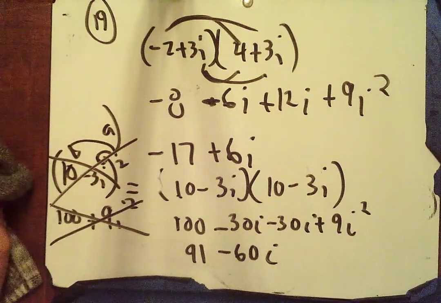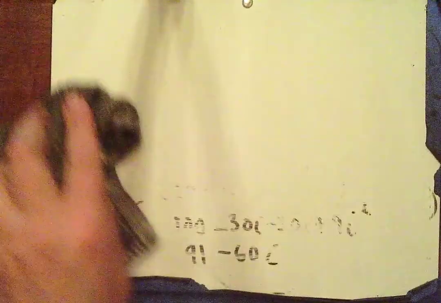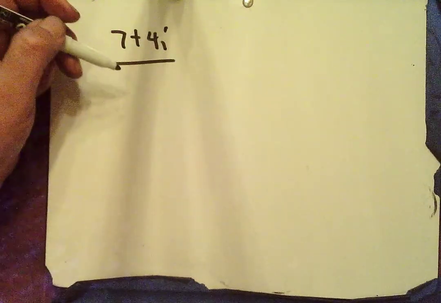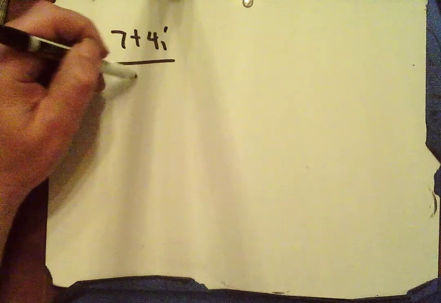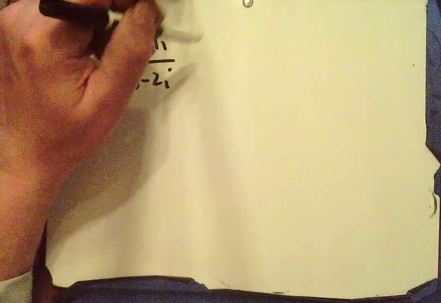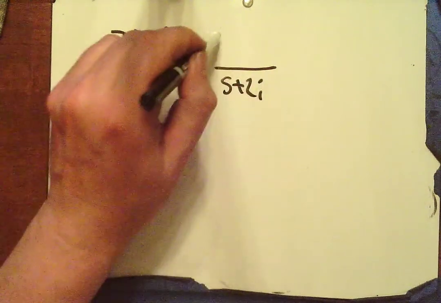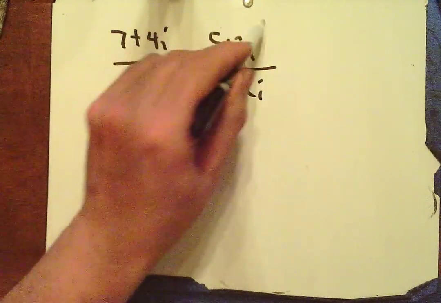Okay, what's next? 20. 20 says that we're supposed to rationalize the denominator and then write the answer in standard form. 7 plus 4i over 5 minus 2i. Okay, so let's use our conjugate. 5 plus 2i, 5 plus 2i.